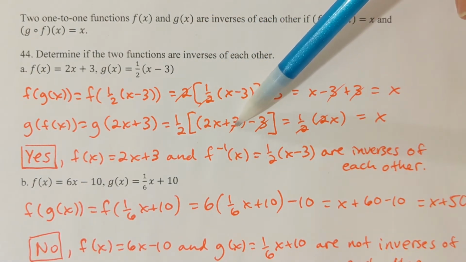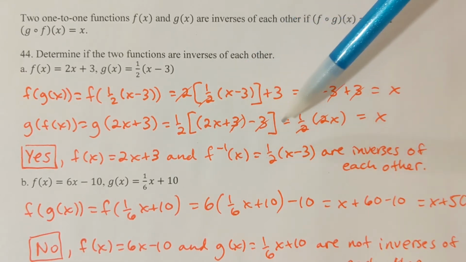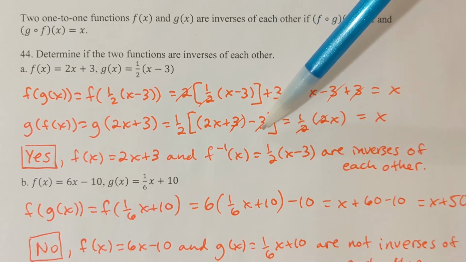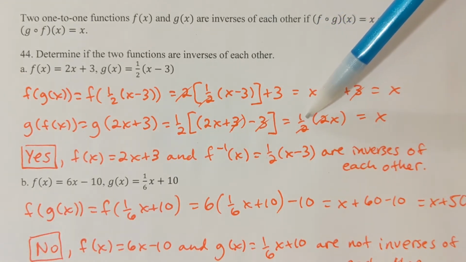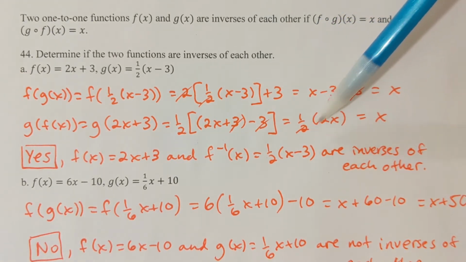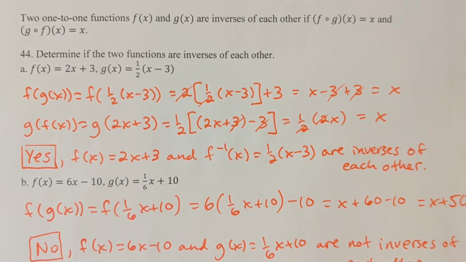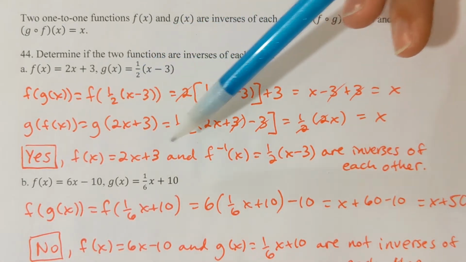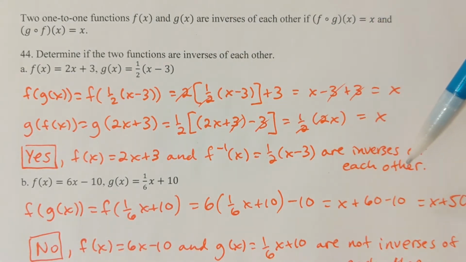Replace x with 2x plus 3, and then I need to simplify. Okay, well, 3 minus 3 is 0, right? And so then that leaves me with 1/2 times 2x, the 2's cancel, and I get just x. So because both of these calculations ended up being just x, that is a verification saying that, yeah, these two functions are inverses of each other.